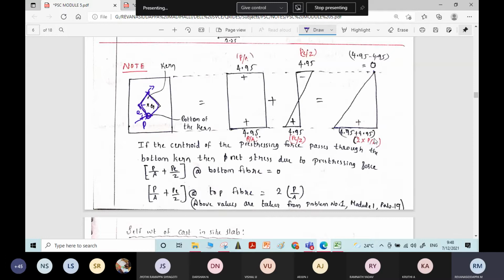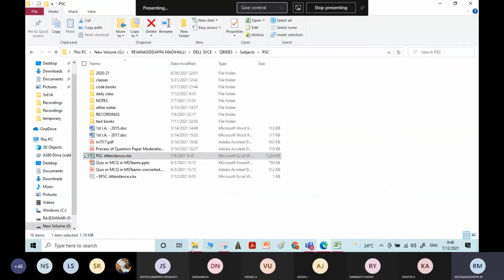We have also solved one problem with the same case, I will show you one problem in module 1.